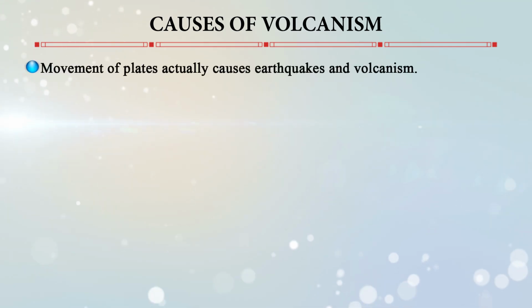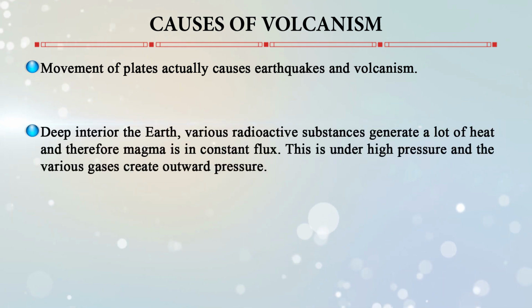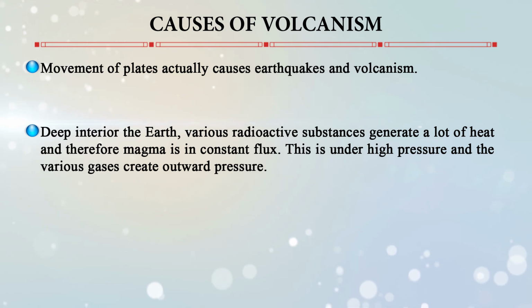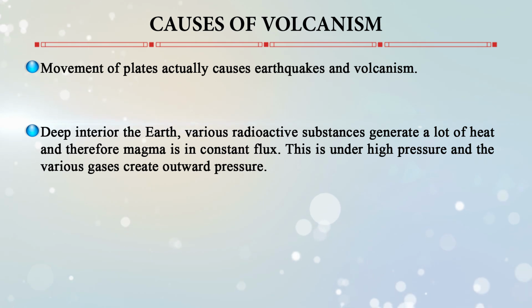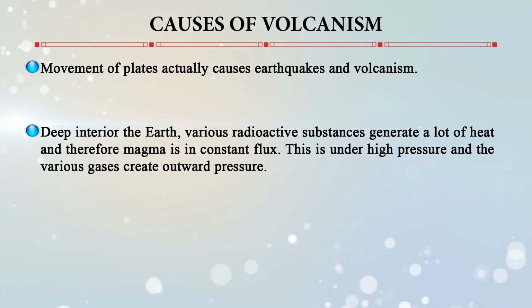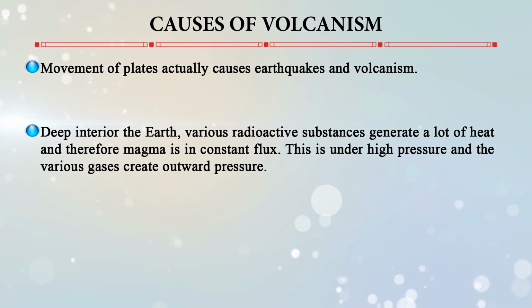Now, what are the causes of volcanism? What is the one which drives these magma from the interior to the surface? It's the plate tectonics. Movement of the plate actually causes the earthquake and volcanism. Deep inside the earth, various radioactive substances generate lot of heat and therefore magma is in constant flux. This is under high pressure and the various gases create outward pressure.